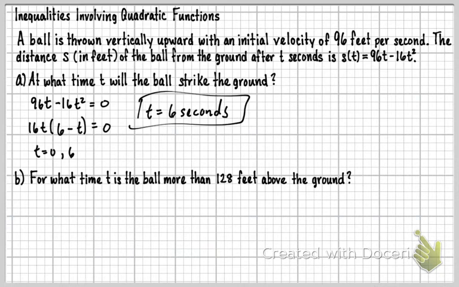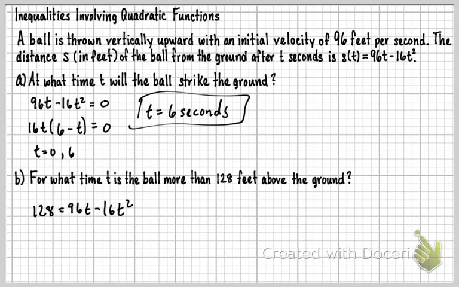So now I'm looking for when I'm 128 feet above the ground. So that means my s(t) is going to equal 128 feet, because that's the distance s in feet of the ball from the ground after t seconds. So that's going to be the height of the ball. So I'm going to put 128 equals 96t minus 16t squared.